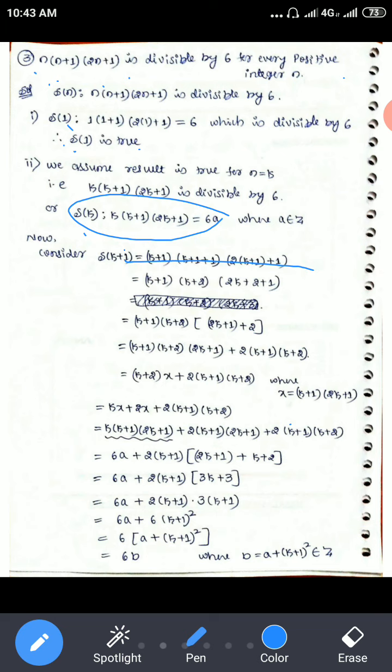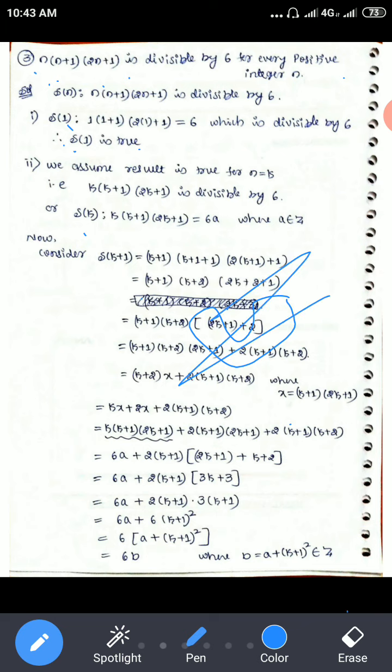So this is k plus 1, this is k plus 2, this is 2k plus 3. Next k plus 1, k plus 2, as it is, 2k plus. Here what adjustment I am doing, that's very important here. 2k plus 1, this term, I am writing 2k plus 1. See everyone, 2k plus 1 plus 2.